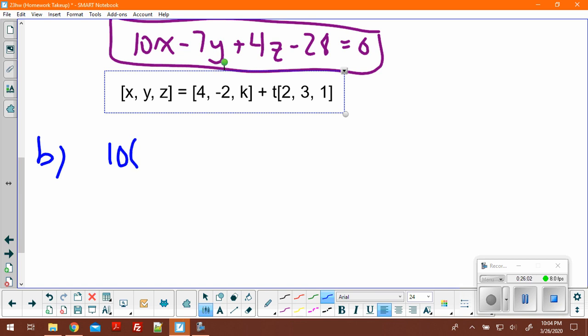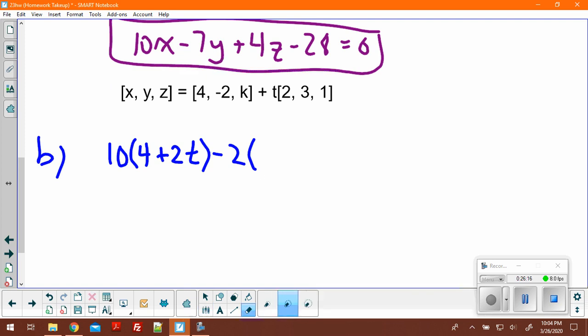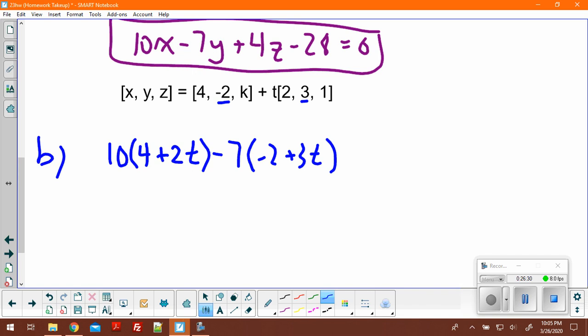So we have 10 times 4 plus 2t, minus 7 times, and then my y parameter is negative 2 plus 3t. And then plus 4 times my z parameter, which is k plus t. And minus 28 is equal to 0.